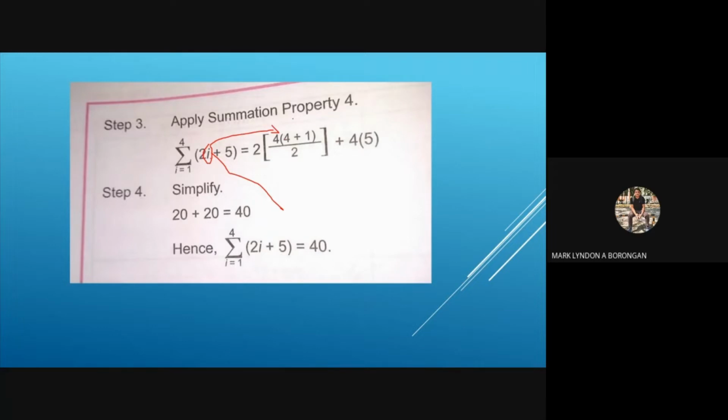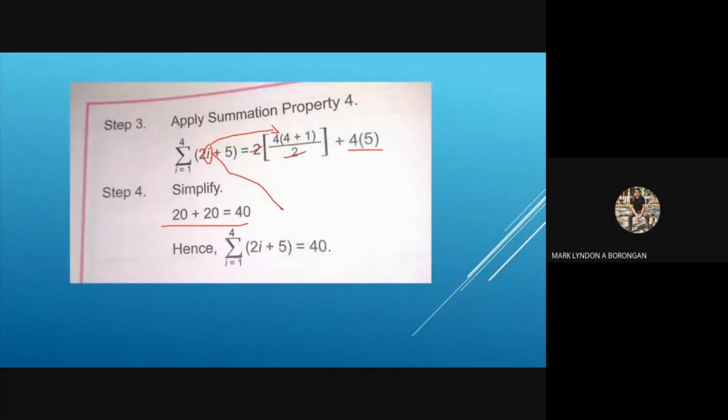Now if we simplify, the 2 cancels out. 4 times 4 plus 1, that is just 20. Then this other one, 4 times 5, from our first property, is 20. So that will be 20 plus 20, which is equal to 40.